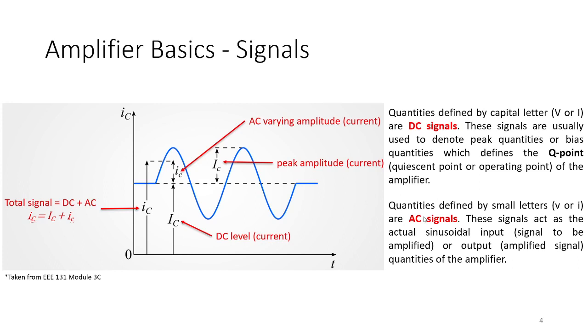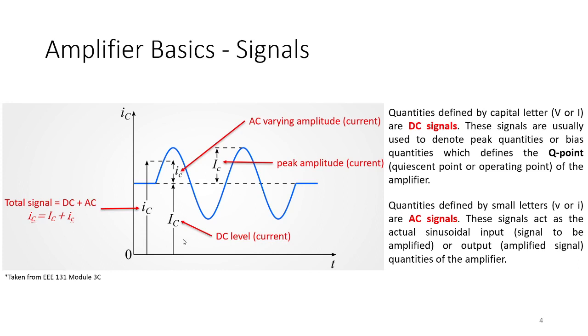Quantities defined by small letters, small v or small i, are AC signals. These signals act as the actual sinusoidal input, the signal to be amplified, or the amplified output signal quantities of the amplifier.